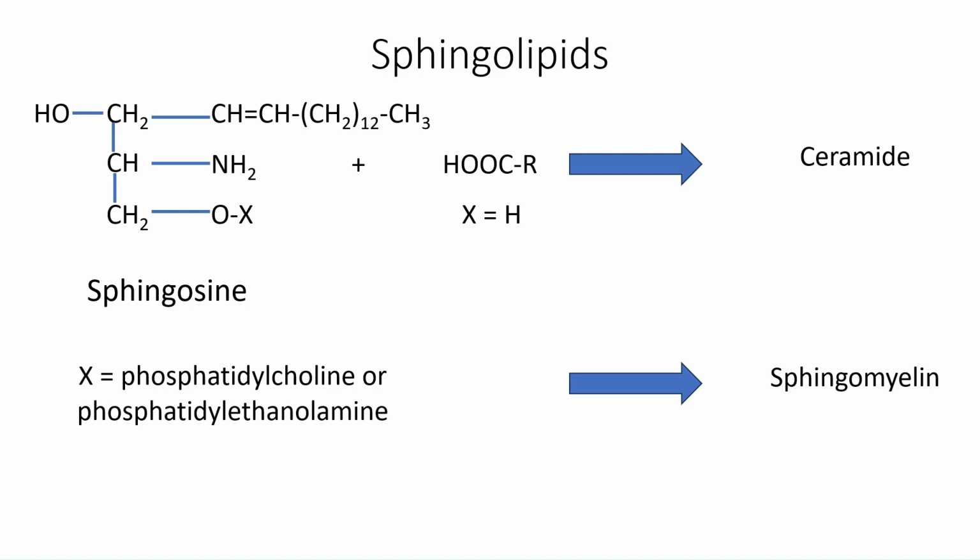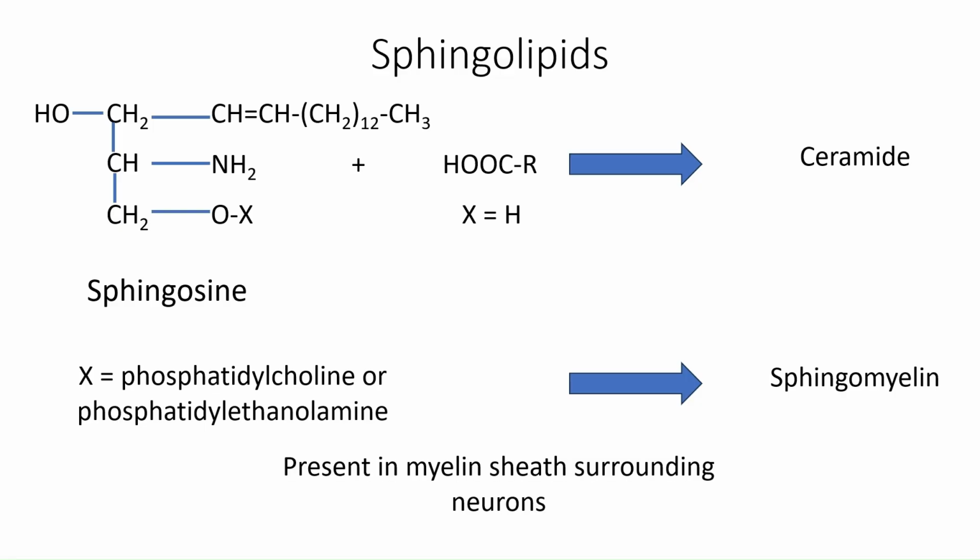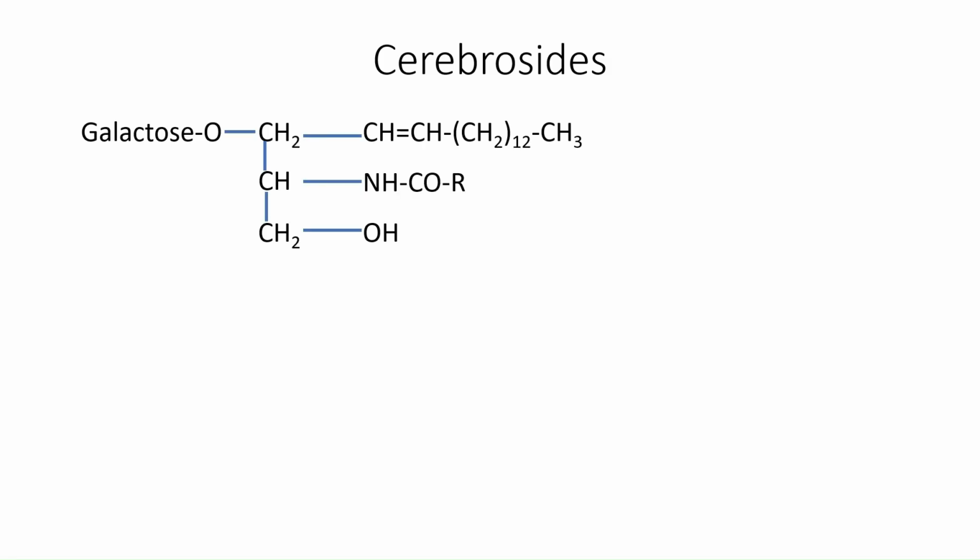Sphingomyelins derive their name from their location because they are present in the myelin sheath that surrounds the neuron, and they give the neurons a high conductivity. They help them send the signals faster. Now, what are cerebrosides?